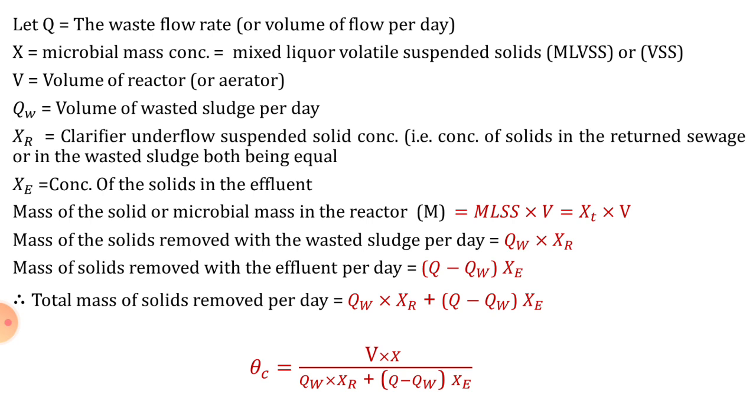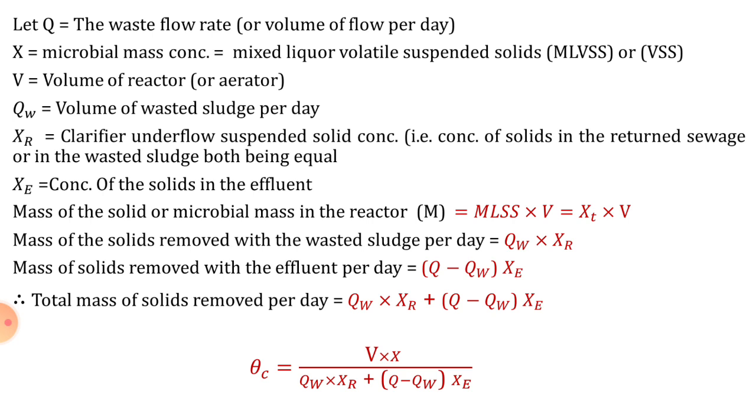V is the volume of the reactor or the aerator. QW is the volume of wasted sludge per day. XR is the clarifier underflow suspended solids concentration, that is the concentration of solids in the returned sewage or in the wasted sludge, both being equal.